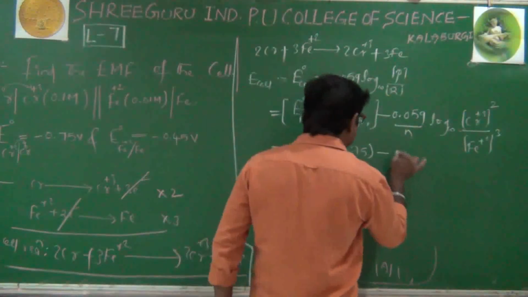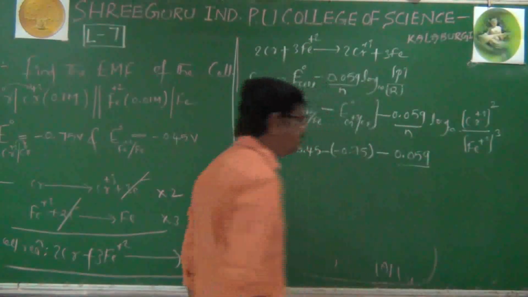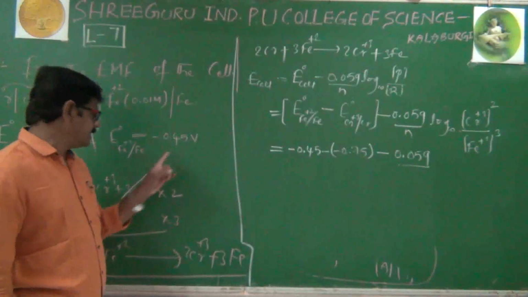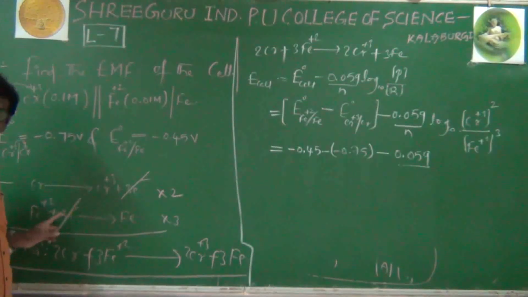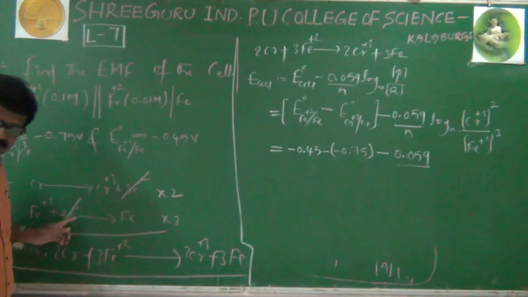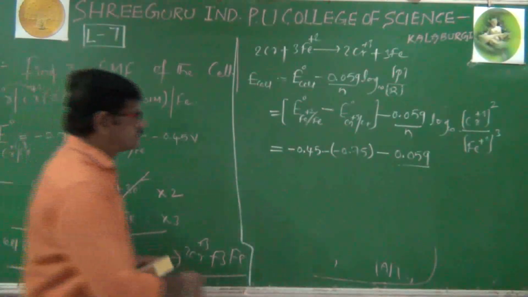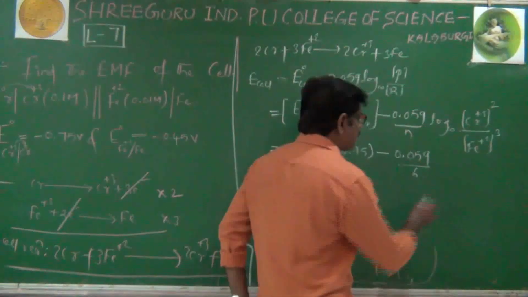Next, minus 0.059 divided by the n value. Here how many electrons are cancelled on both the sides? 2 times 3 is 6 electrons we have cancelled. 6 electrons are involved in the process. That's why divided by 6 we will write.